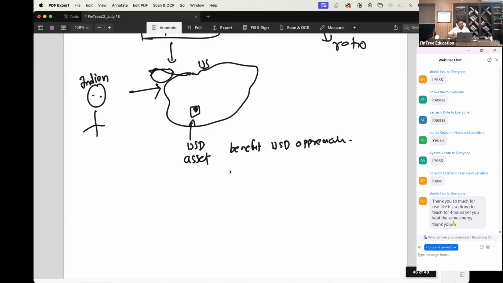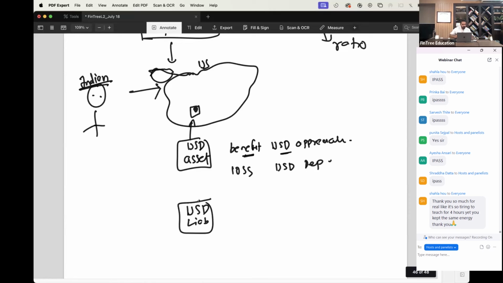If I have a US dollar asset, then to an Indian, it's a benefit if rupee depreciates and US dollar appreciates. So whatever currency I have asset in, that currency needs to appreciate. It's a loss if USD depreciates. This is true for an asset. But what if I have a USD liability?